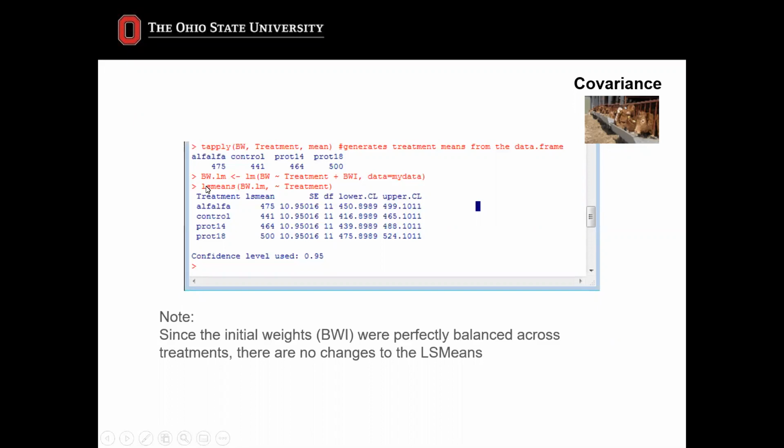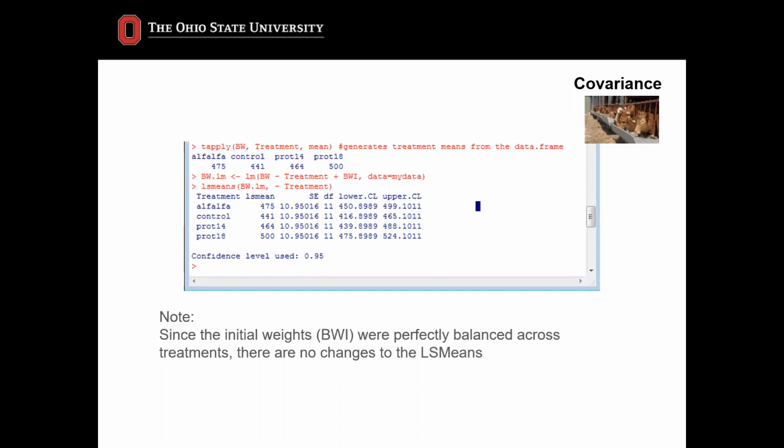In this case, you'll notice that with LS means we get the identical results. Alfalfa 475, control 441, P14 464, P18 500. And since the initial body weights were perfectly balanced across treatments at the beginning of the study, here we see no change between the arithmetic means and the least square means.